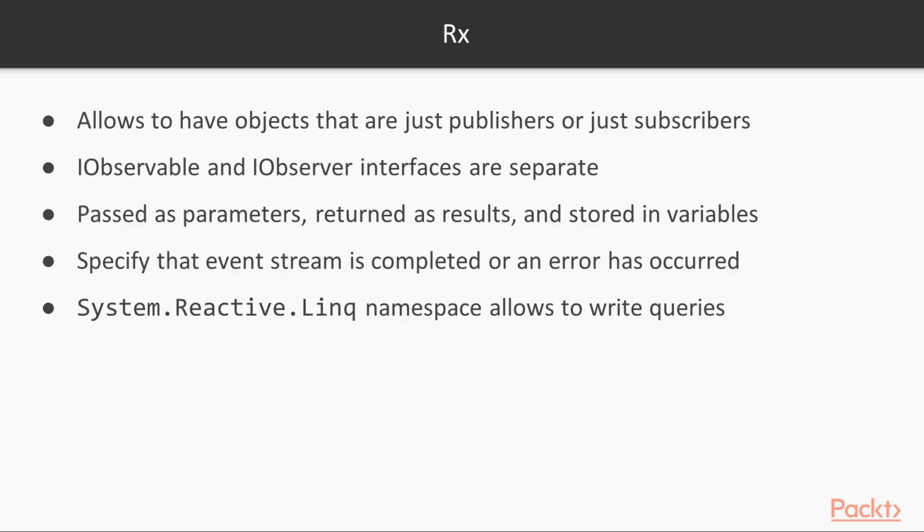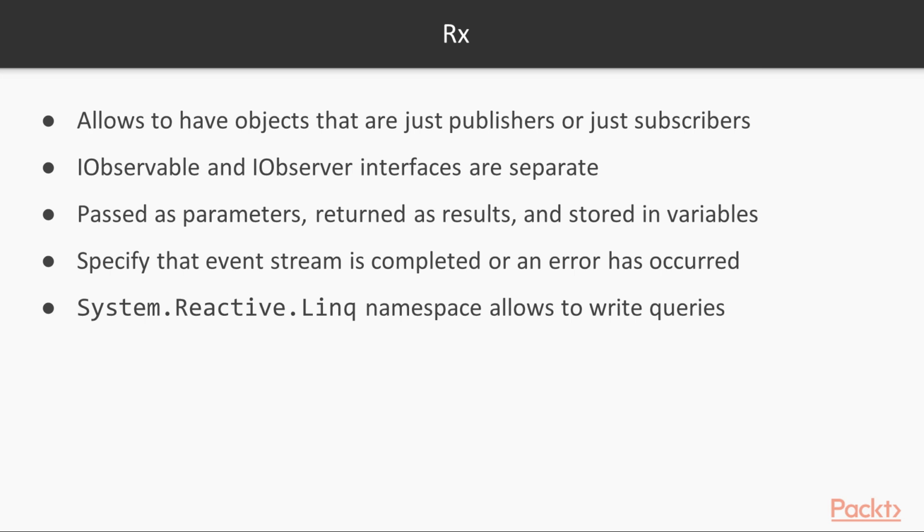Rx allows you to have objects that are just publishers or just subscribers. This is because the IObservable and IObserver interfaces are in fact separate. Also note that in Rx, the observables can be passed as parameters, returned as results, and stored in variables, which makes them first class.